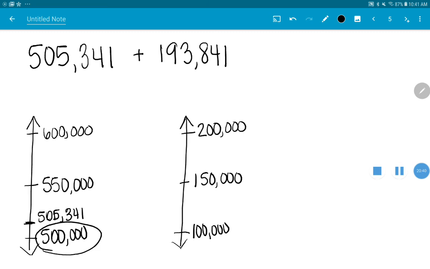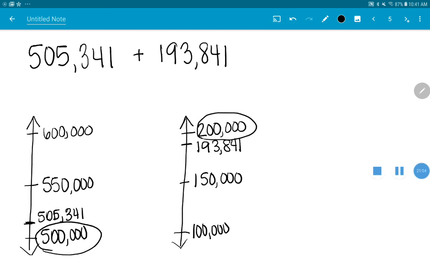Where does 193,841 go, Ansley? Just below 200,000. Yeah, it's getting really close to 200,000. So is it closer to 100,000 or 200,000? 200,000.